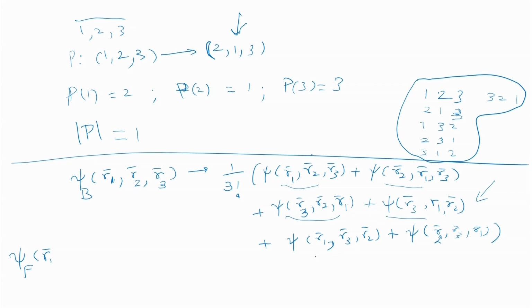And similarly here, if I interchange 1 and 2, this goes to this and this goes to this. So together they remain unchanged. So overall the whole thing remains unchanged if I exchange 1 and 2. Same with any other pair. So that's the reason why this works.